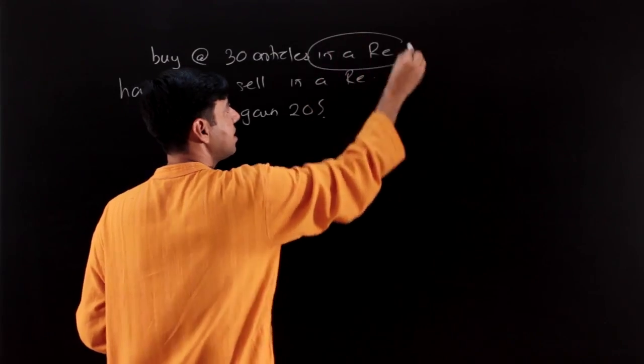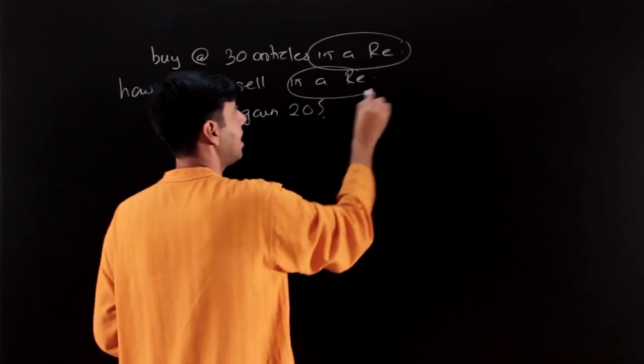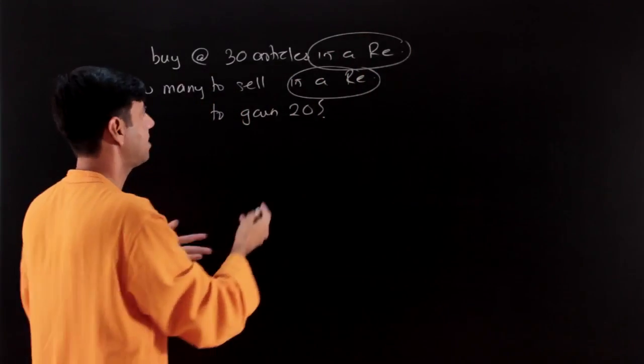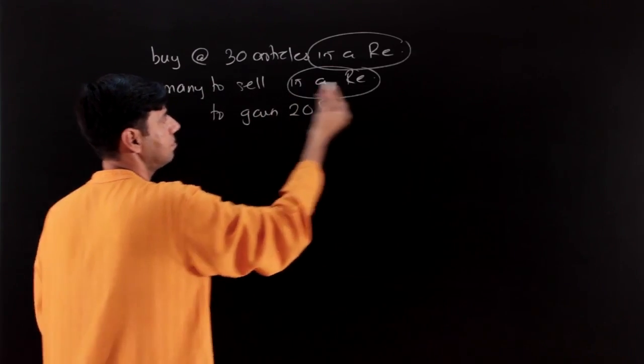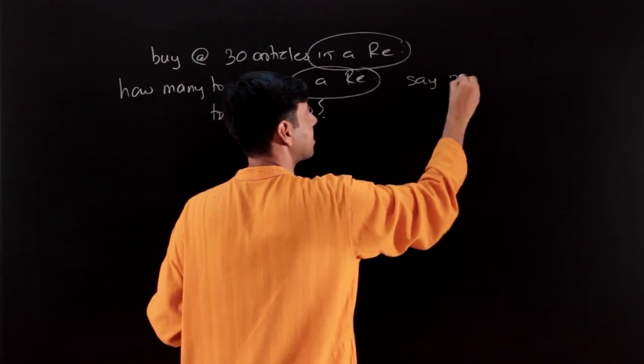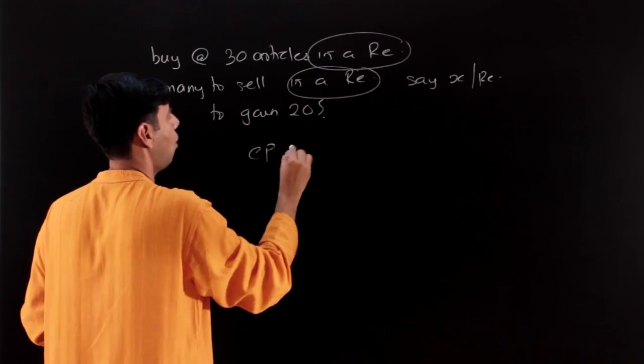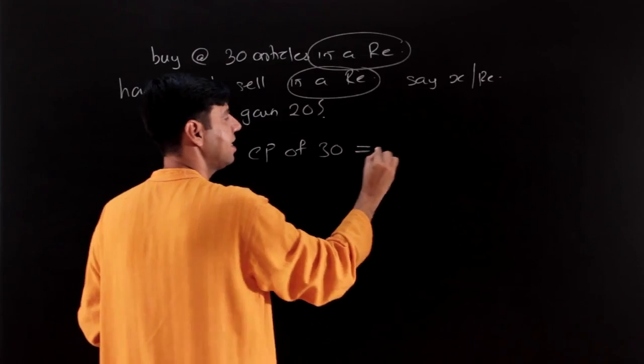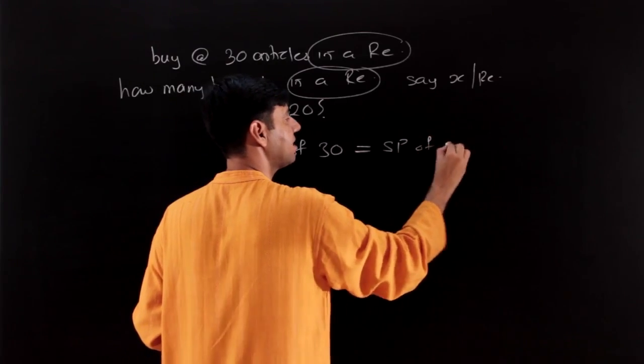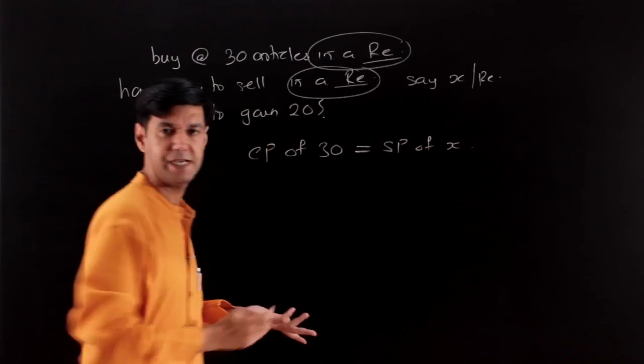The purchase I am buying in 1 rupee, selling price also in 1 rupee. So let's say X per rupee. Could I say the cost price of 30 articles is equal to the selling price of X articles? Why? Both of them are in a rupee.